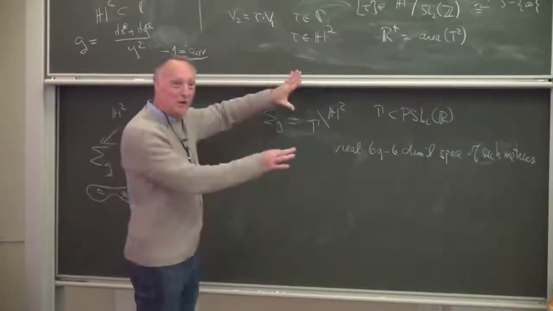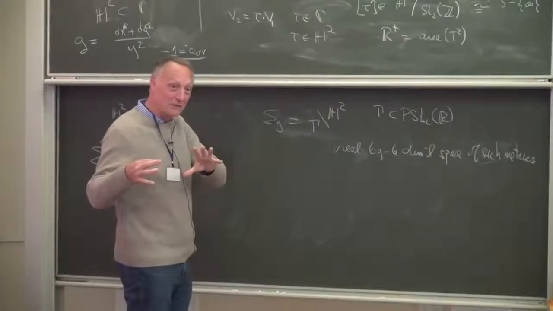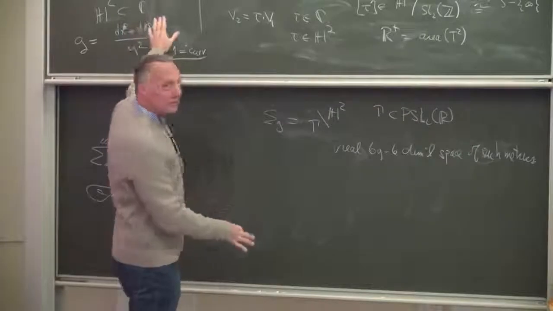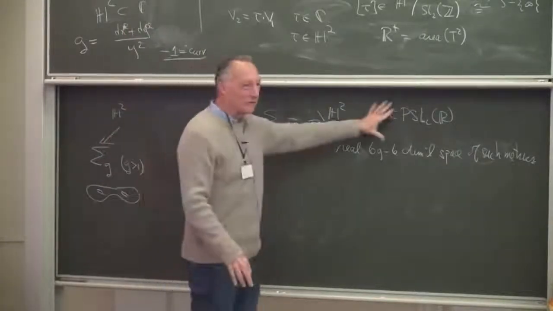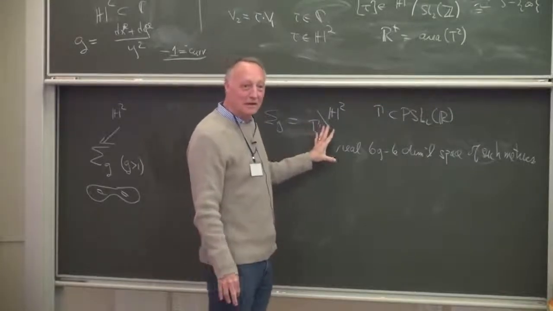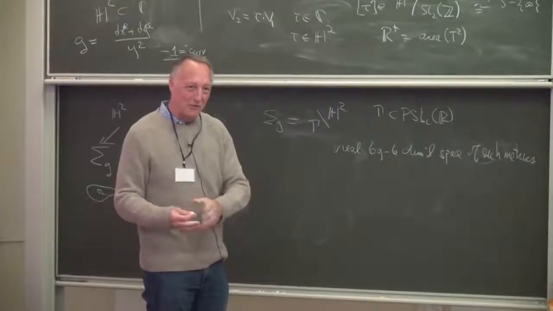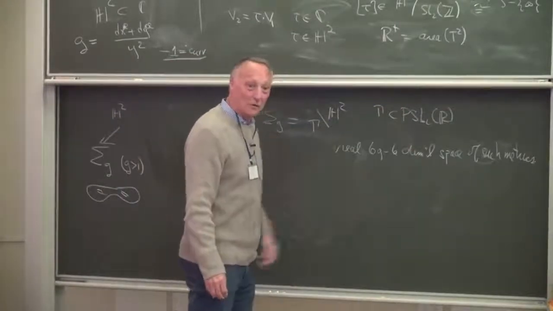So you can associate to that complex surface a unique metric of constant curvature minus 1, which is conformally equivalent to it. And then you get a point in the space as I've described it here. That turns out to be an isomorphism between complex curves up to automorphisms and these up to automorphisms.